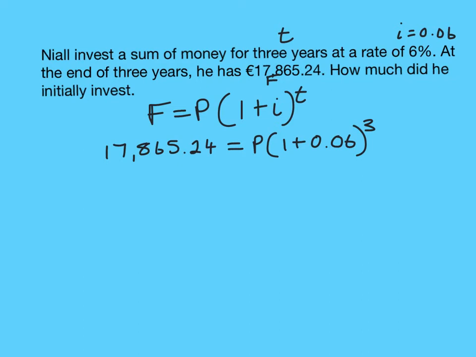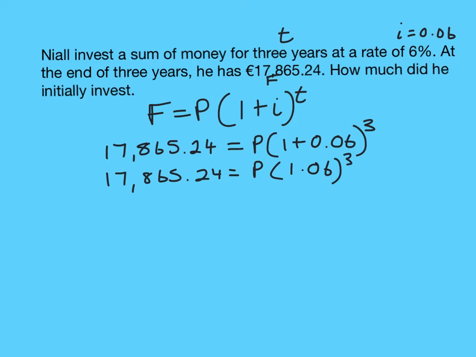Before I do anything else, I'm going to simplify that. So I have 17,865.24. I have P, and then 1 plus 0.06 gives me 1.06. You can pop that into the calculator, all to the power of 3.